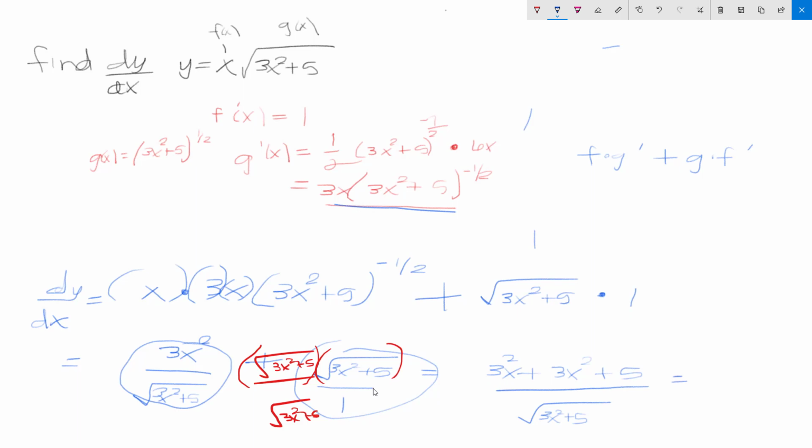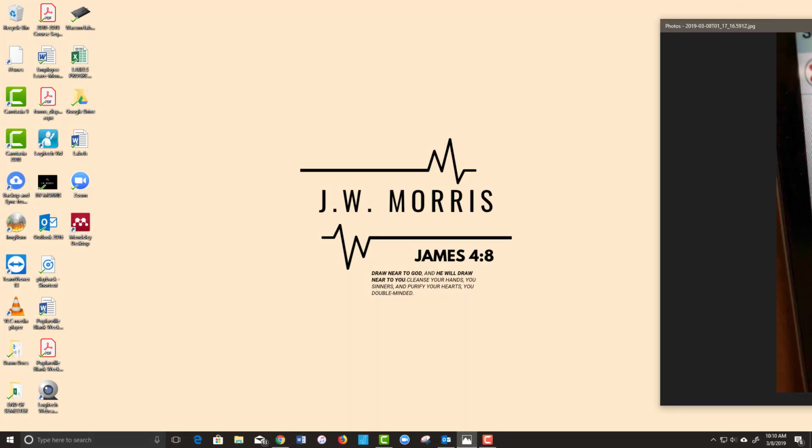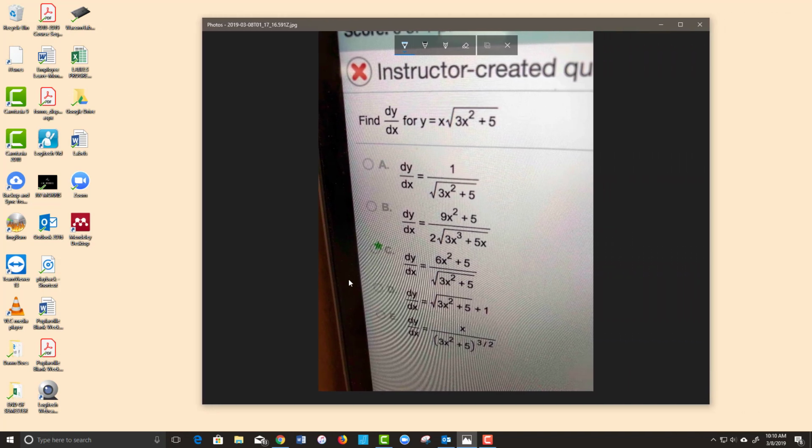And you have like terms in the top, and it's 6x squared plus 5 over the square root of 3x squared plus 5. What I saw from the question is that everything was one fraction, so hopefully now I have one fraction. Hopefully this is an answer, and it is option C. Exactly what we got.